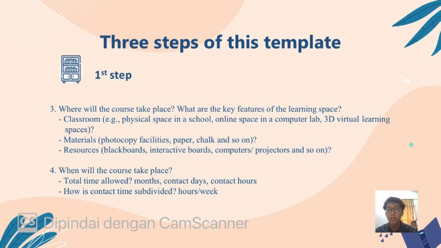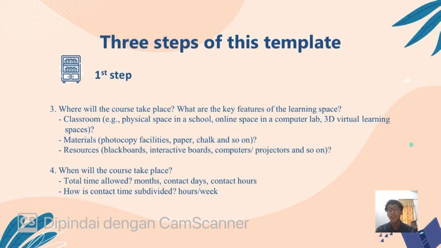And then the materials, what materials can we use to help in teaching, like photocopying facilities, paper, chalk, and so on. And then the resources that we can use, like a blackboard, interactive board, computer, or projector, and so on.